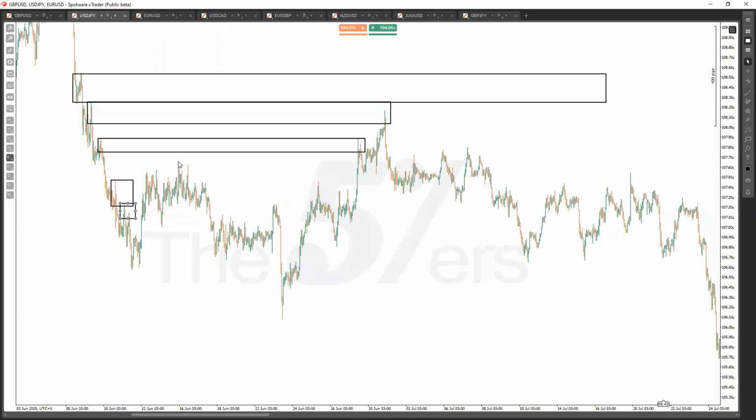If you are going to learn supply and demand in more depth, you would understand that when price is faking out, let's say it's faking out this level, it will fake out until it has a good reason to bounce from.